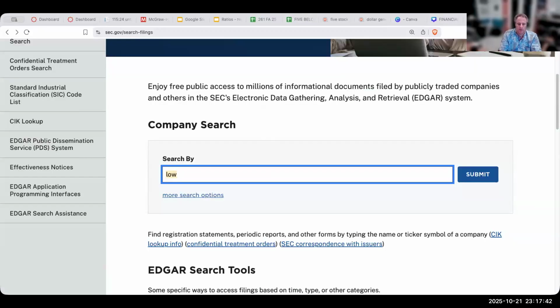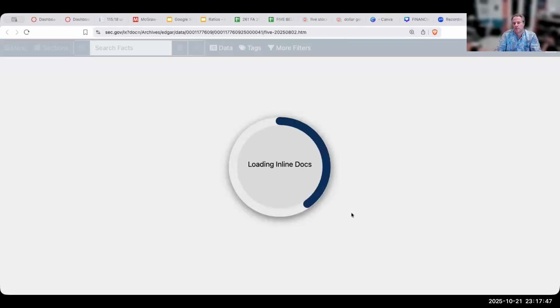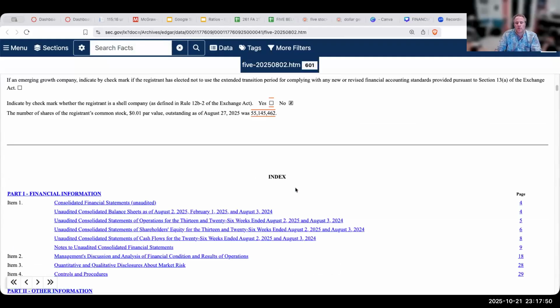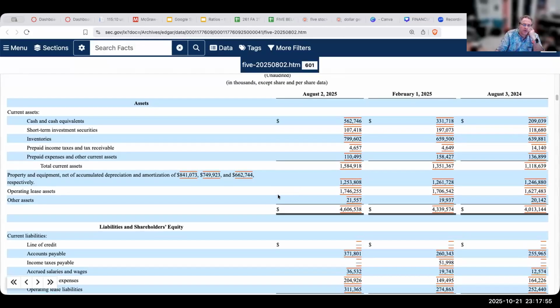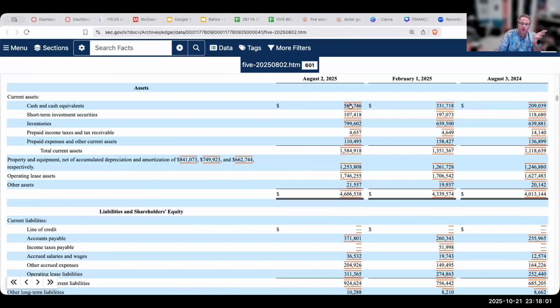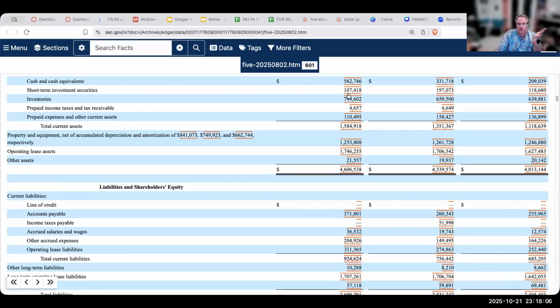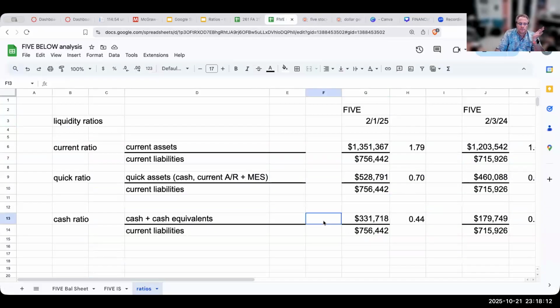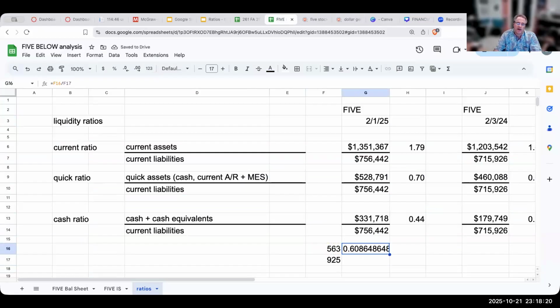So if I looked at Five Below in a more recent quarterly report, which is required to be filed 3 times per year, you would see their cash and cash equivalents have grown to about 562 million, divided by 924. It's actually improved, right? So for Five Below, this is better.